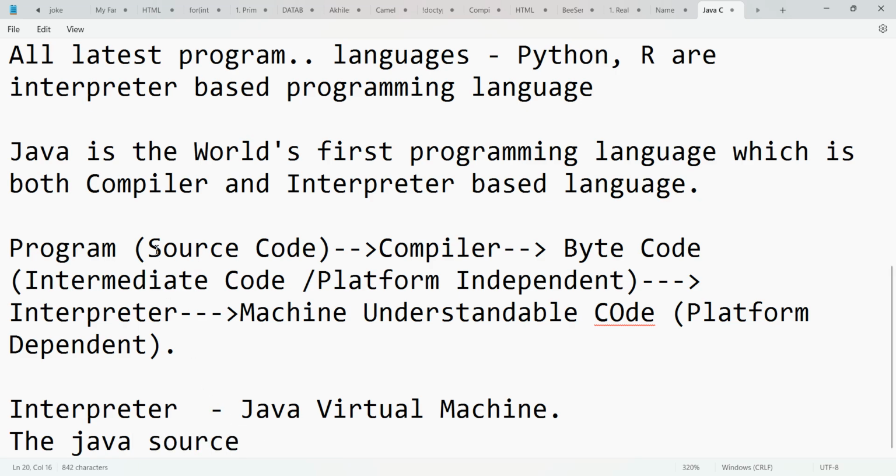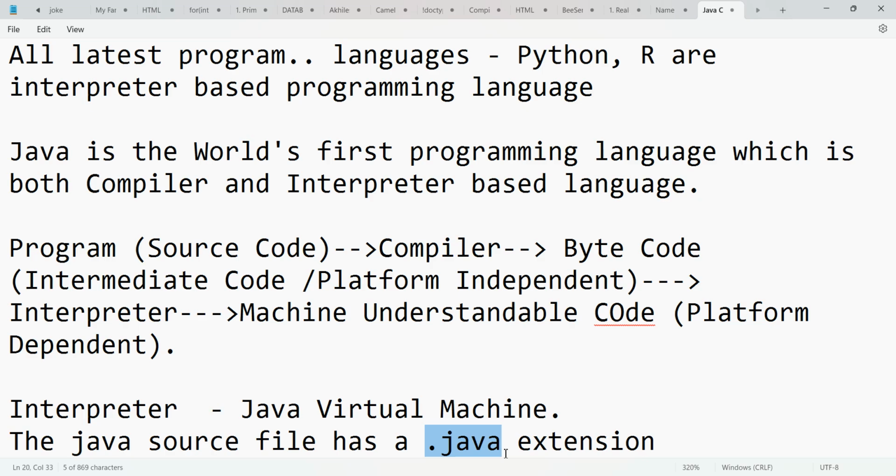This source code I'm talking about, the Java source code file has a .java extension. See, whenever you have a PDF file, you will see the extension is .pdf. Whenever you have an image, it is .png, .jpeg, .gif, or this kind of extension.